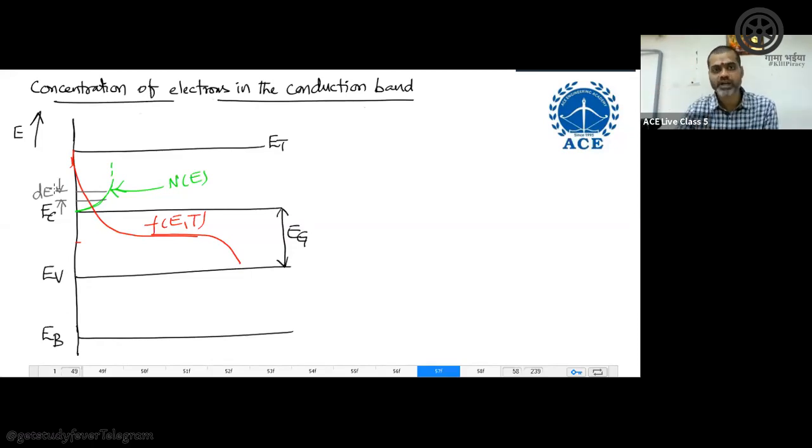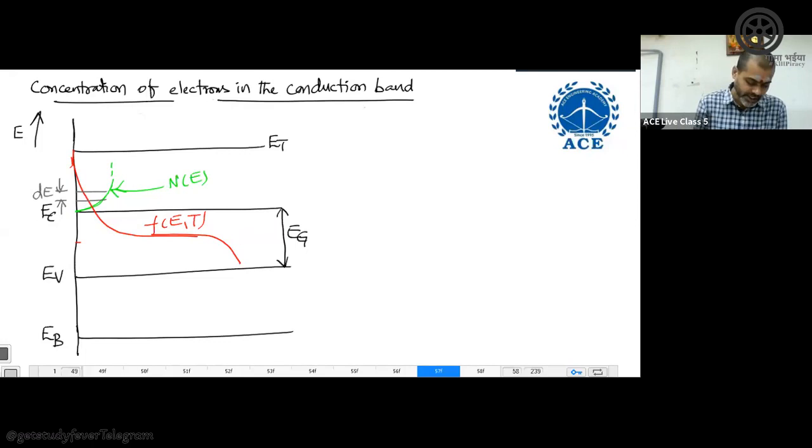I'll repeat this point. I'm considering an energy interval of dE in the conduction band. First I'll find out how many electrons are present within this energy interval, and then integrate over the conduction band, and you can get the total. Hope I am clear.